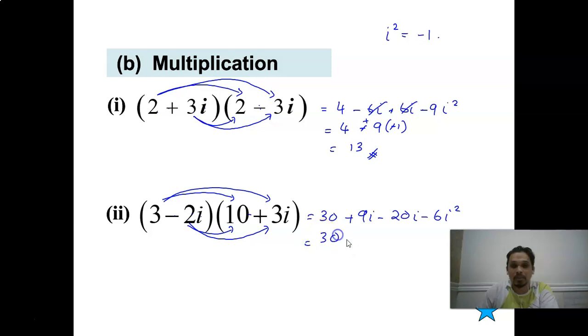So 9i minus 20i is minus 11i, and minus 6i squared, where i squared is negative 1. Negative times negative is positive, so plus 6. So 30 plus 6 equal to 36 minus 11i.